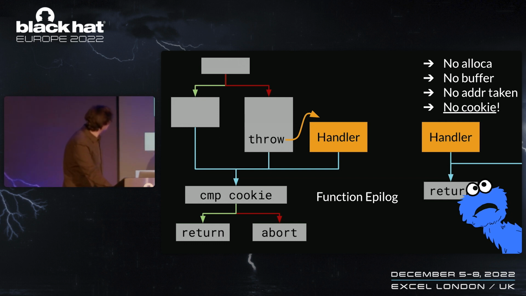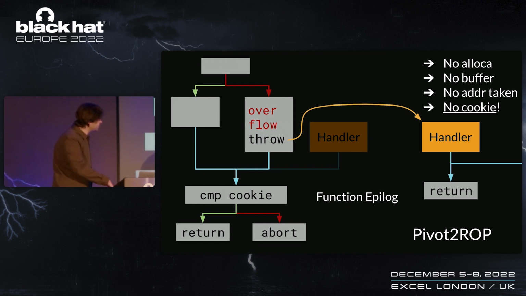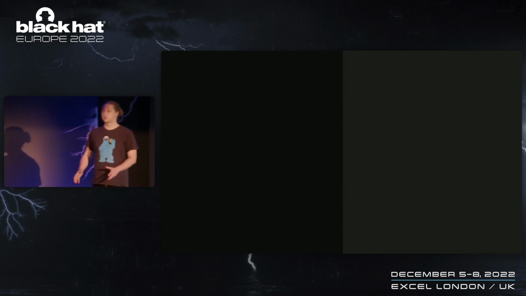And we use a chop technique to redirect control to this handler, where in this scenario, if the handler gives us the possibility, we can further overflow the stack and do a technique that we call pivot to rope, in which we require an initial return-based hijack to pull off the technique. And here we can actually do this because we don't have a cookie compare.